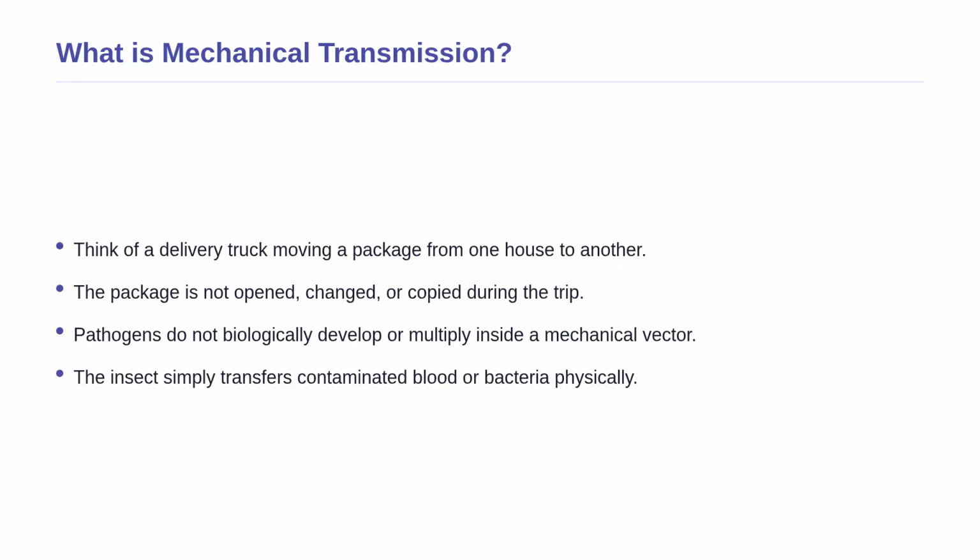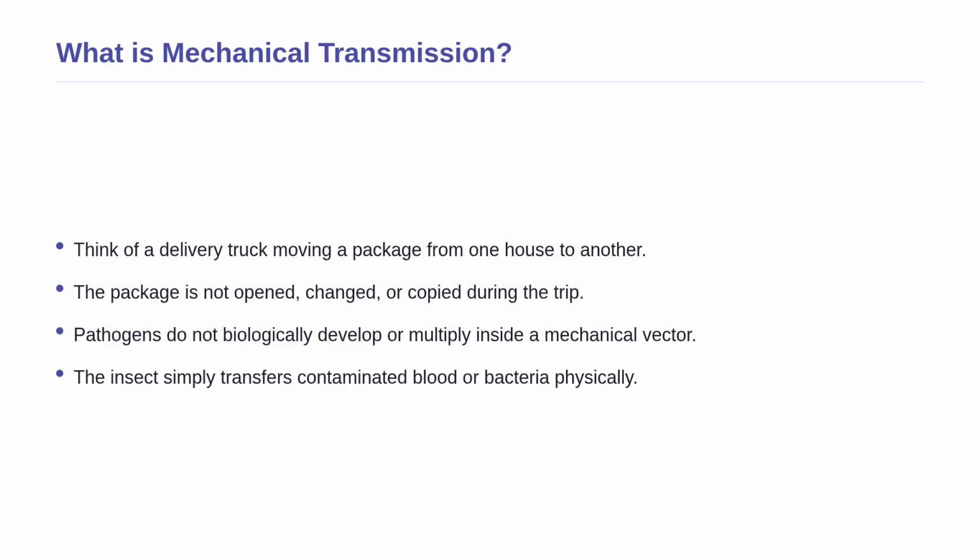To begin our journey, let us first understand what we mean by mechanical transmission. Think of a delivery truck that picks up a package from one house and drops it off at another. The truck driver does not open the package, change it, or make copies of it.